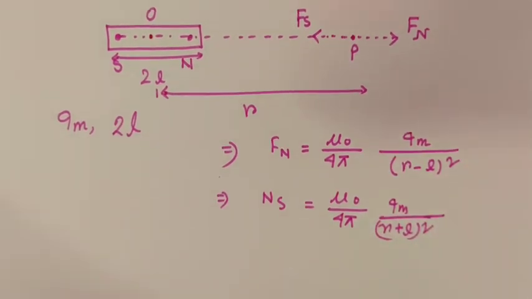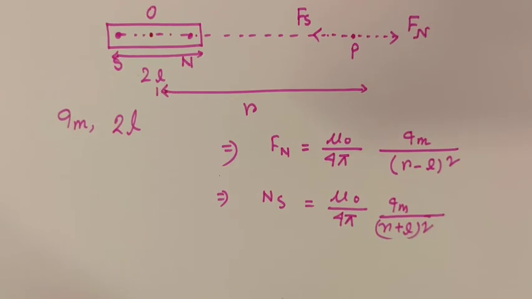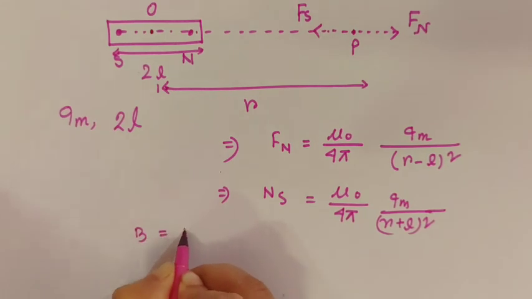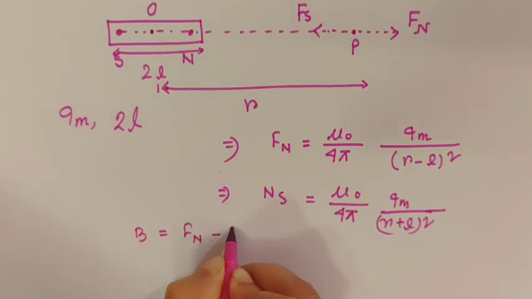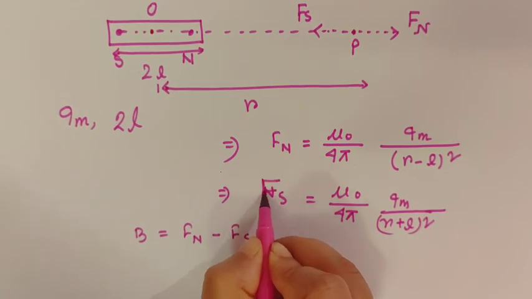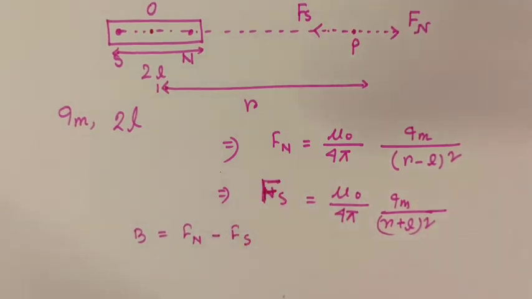Now the strength of the magnetic field at P produced by the magnet, B is equal to Fn minus Fs.